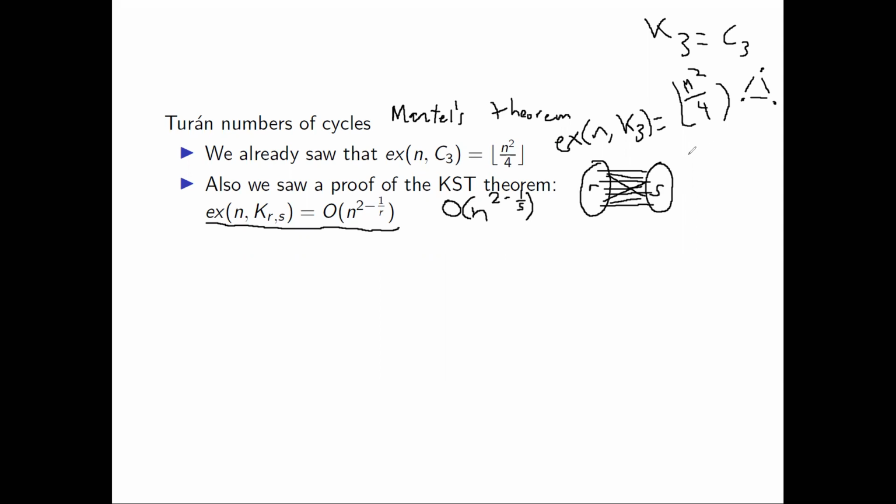When we have r equals s equals 2, this is a special complete bipartite graph. So we have our left part here, our right part here, and all possible edges. And we can take these bottom vertices and we can just move them around in the plane.